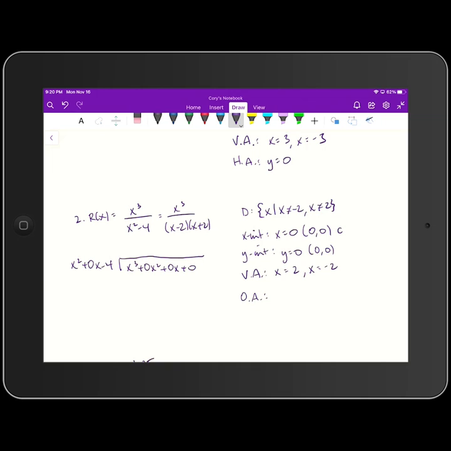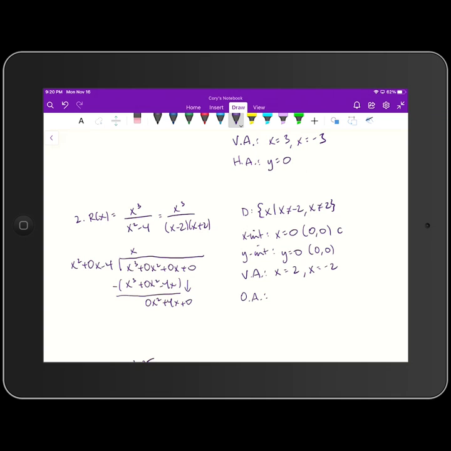We want to think to ourselves, what times x squared gives us x cubed, and that is x. Then we distribute x across all three terms out front, so that's x cubed plus 0x squared minus 4x, and then I subtract the result, which gives me 0x squared plus 4x, and we bring down the next term in line, which is plus 0.